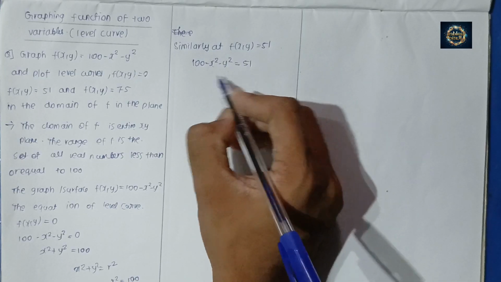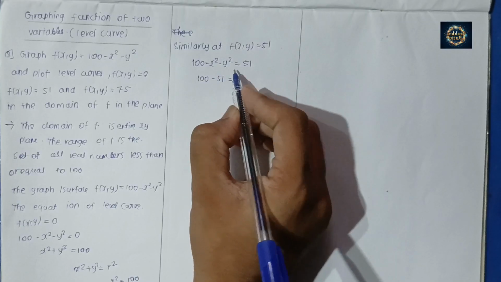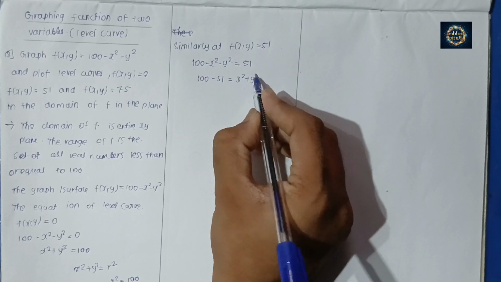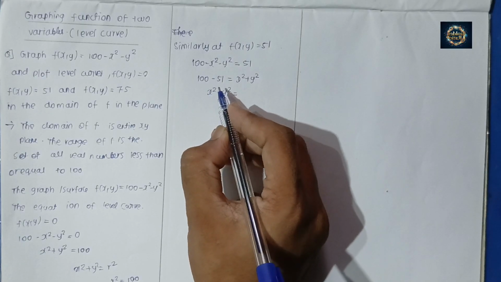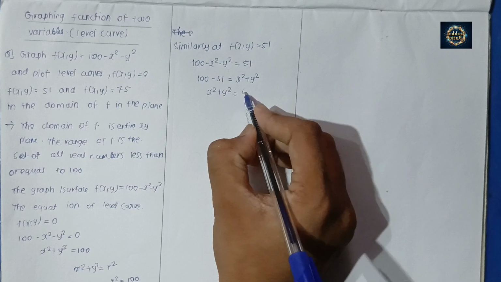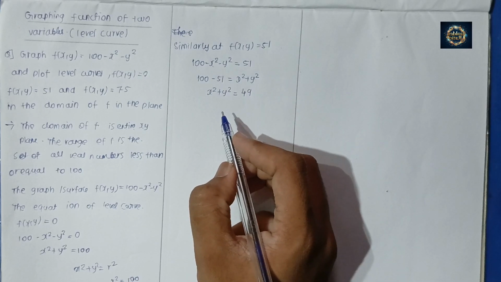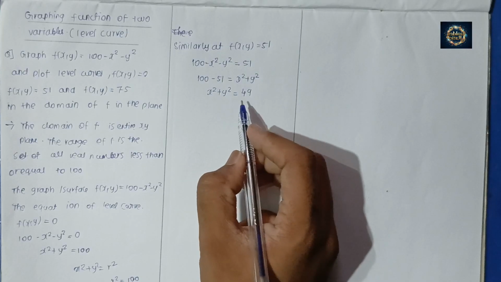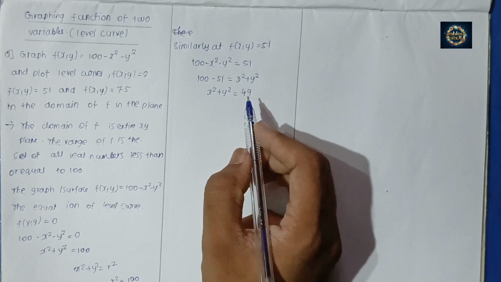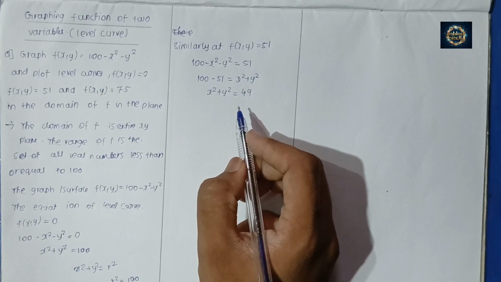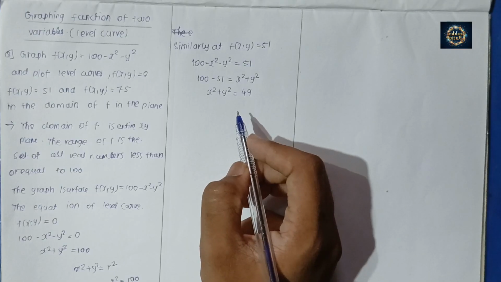We can take that to this side: 100 minus 51, shifting x square and y square, gives x square plus y square equal to 49. So we also get the form of a circle, x square plus y square equal to r square. Here r square is 49, so r will be 7. So this is also a circle of radius 7 units.